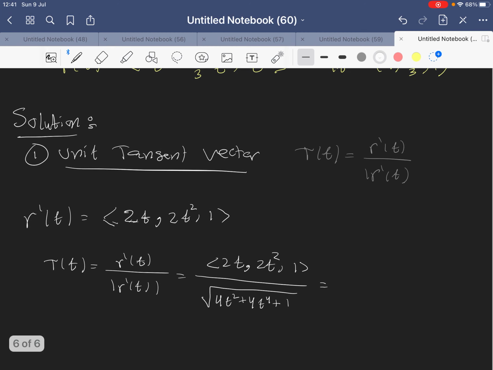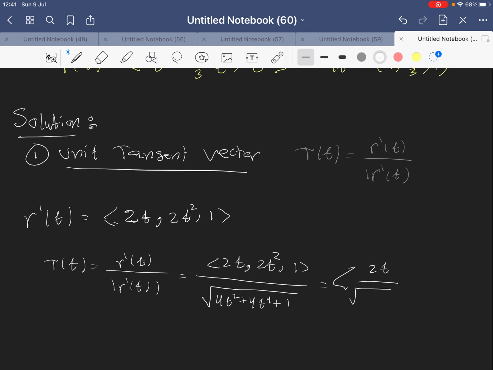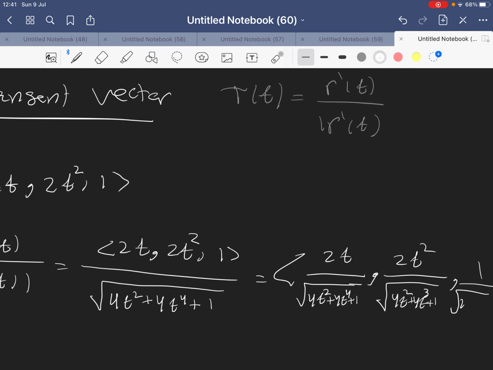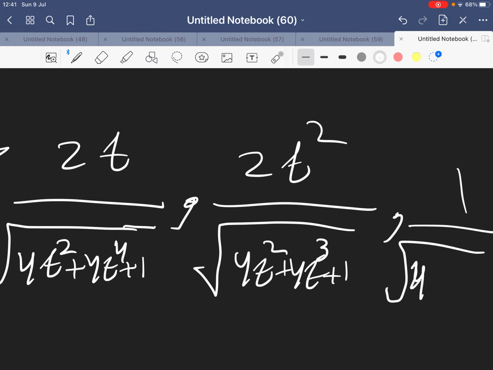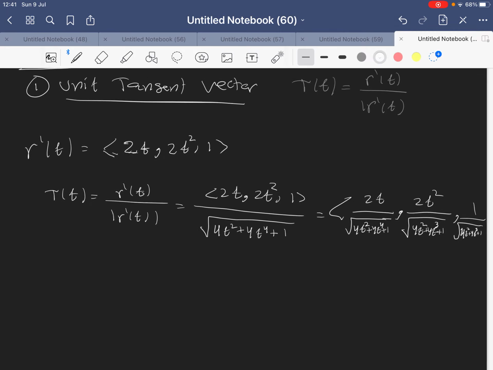Which is, if we do it component-wise, and we will need it to be component-wise later, it will be 2t over the square root of 4t squared plus 4t to the fourth plus 1, comma, 2t squared over the same square root, comma, 1 over the same square root. That's exactly what we will get.